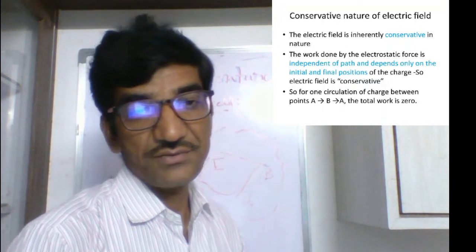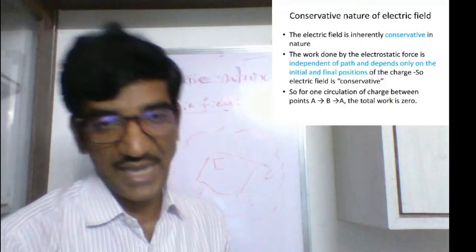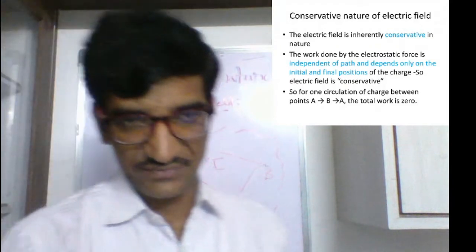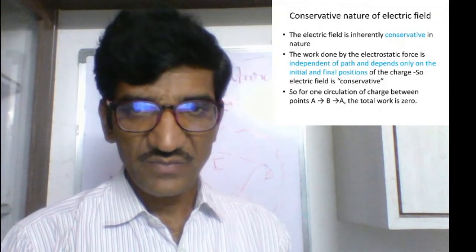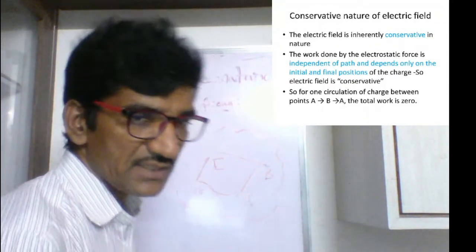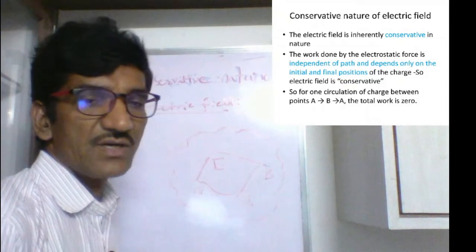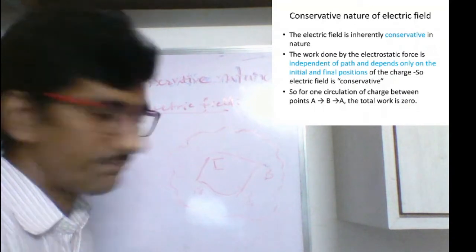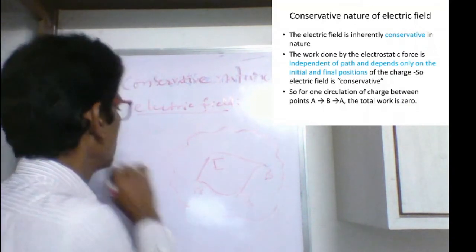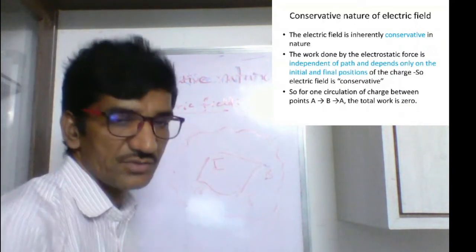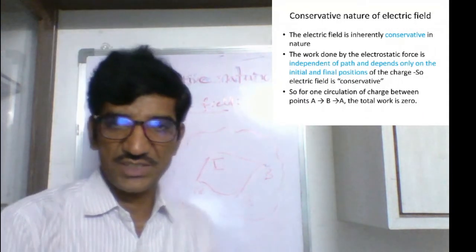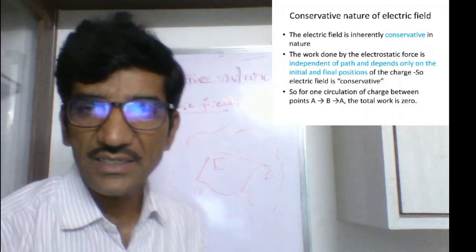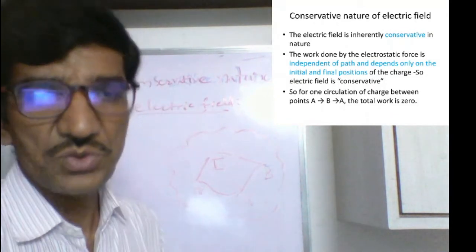In a conservative field, conservative forces act on the charges. In case of the electric field, work for path 1 and work for path 2 will be the same. That means the work done to take the charge along path 1 is equal to the work done to take the particle along path 2.